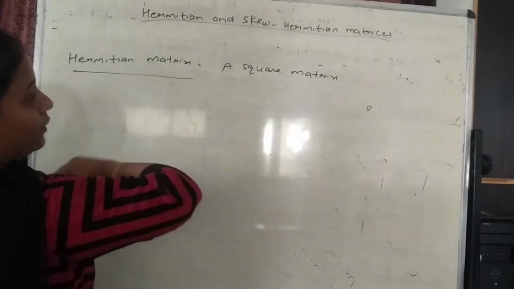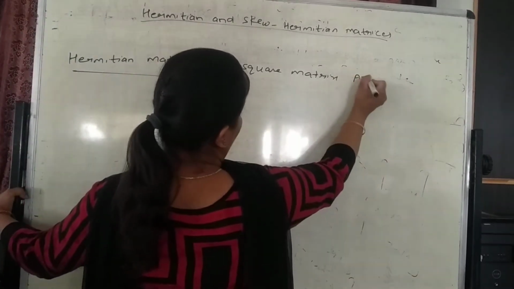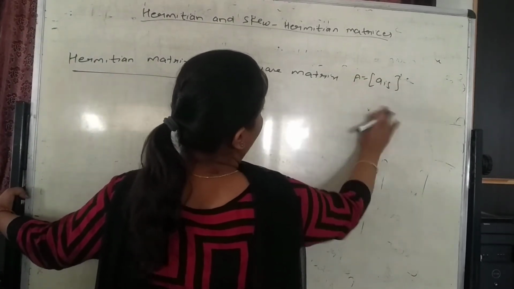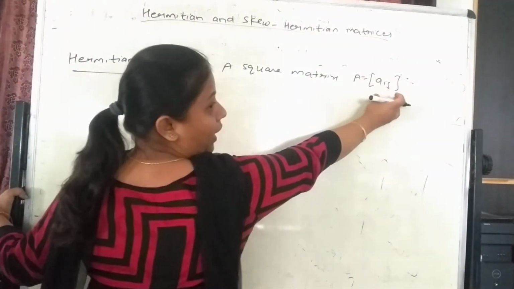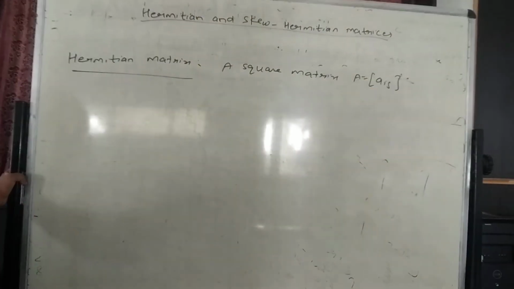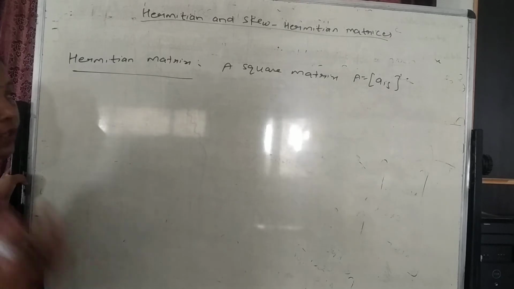Now what is a Hermitian matrix? A square matrix A, you know, we can denote any matrix A by its elements Aij. Aij means all the elements of that matrix. I denotes the rows and j denotes the columns.